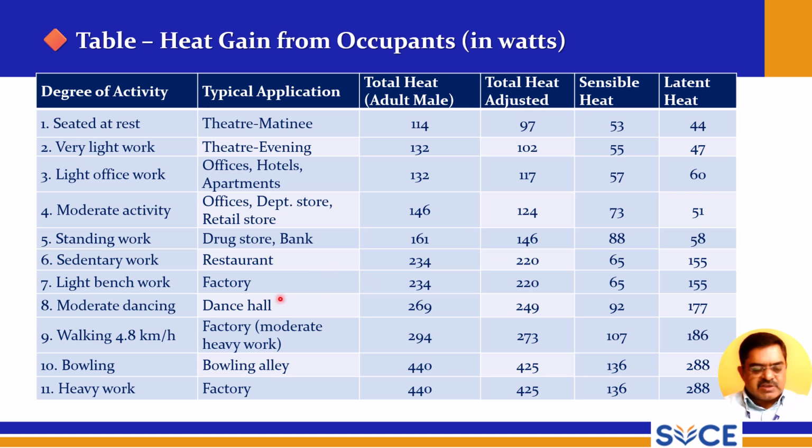Sedentary work is restaurant, light bench work can be a factory, moderate dancing is a dancing hall, walking 4.8 kilometers per hour is factory. Moderate heavy work is bowling alley, and heavy work is factory. For these the total, sensible and latent heat are given like this. The total heat is very high in heavy work factory, that is 440, and this is one table for reference.